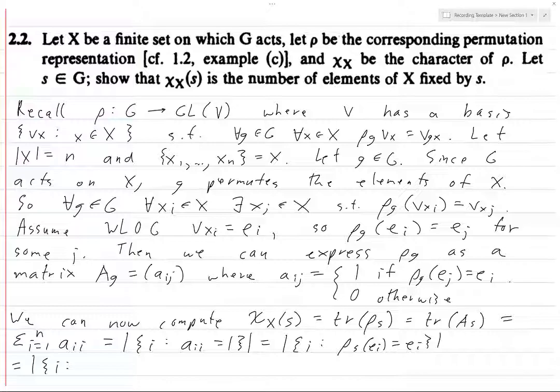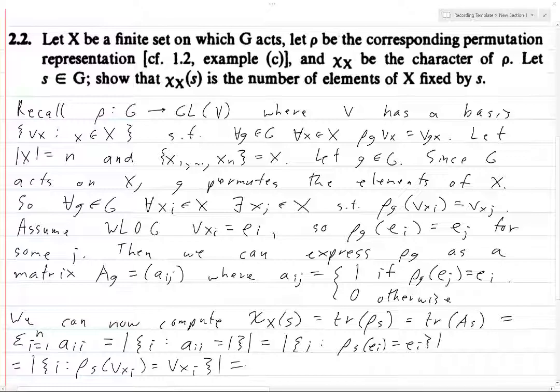But anyways, what was I doing? Rho_s e_i. So yeah, this is rho_s of v_{x_i} equals v_{x_i}.